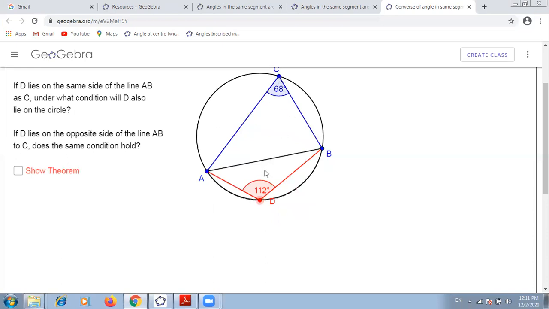Then their opposite angles are supplementary. If they are not lying on a circle, then this theorem will not be valid unless all 4 points of the quadrilateral lie on the circumference of a circle. Then this theorem is valid: opposite angles of cyclic quadrilaterals sum to 180.